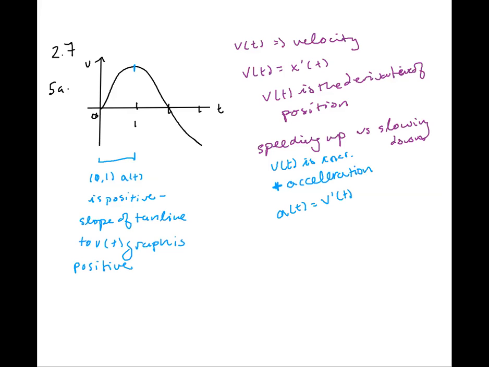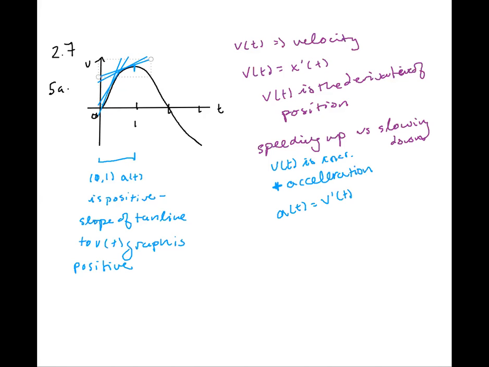If I were to draw the tangent line to the curve, it would look something like that. And if I were to do it at this point, it would look something like that. All of these slopes along here are positive and approaching 0.